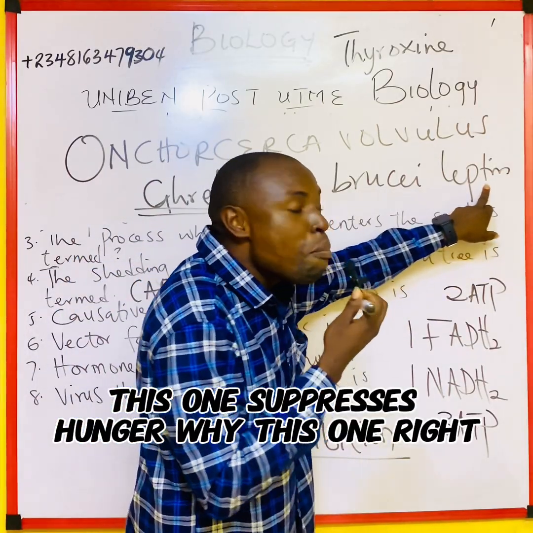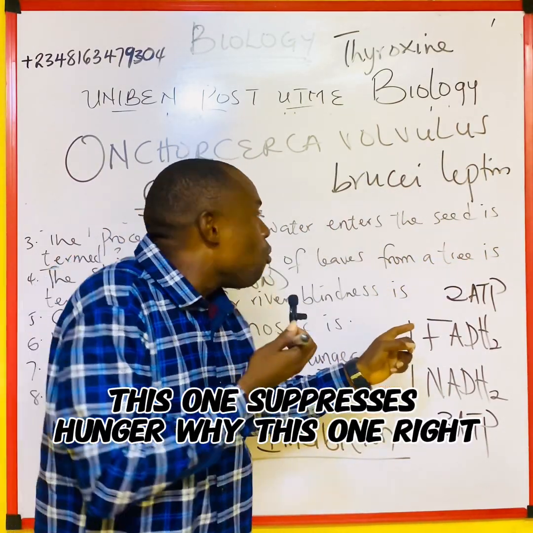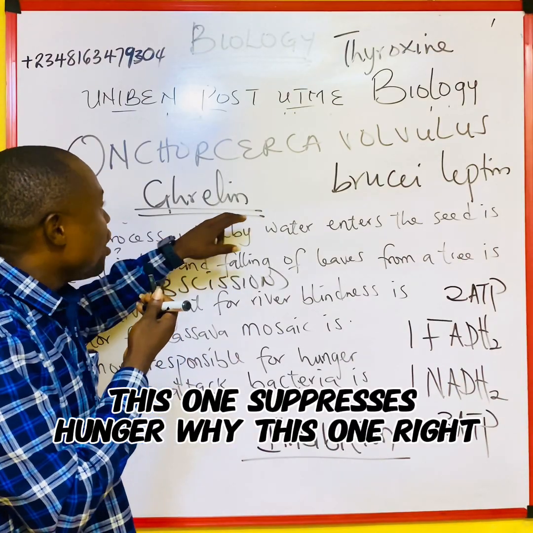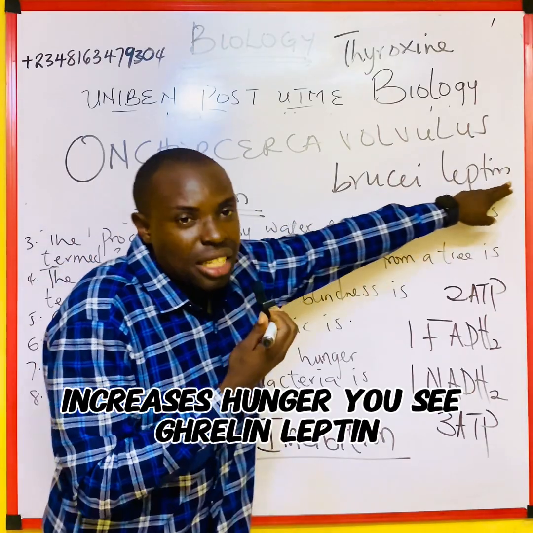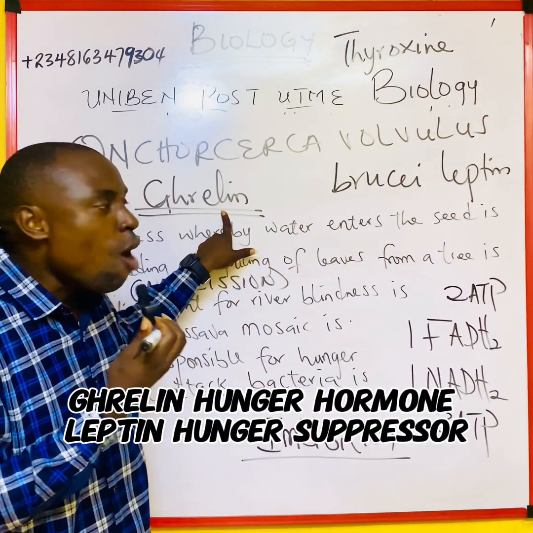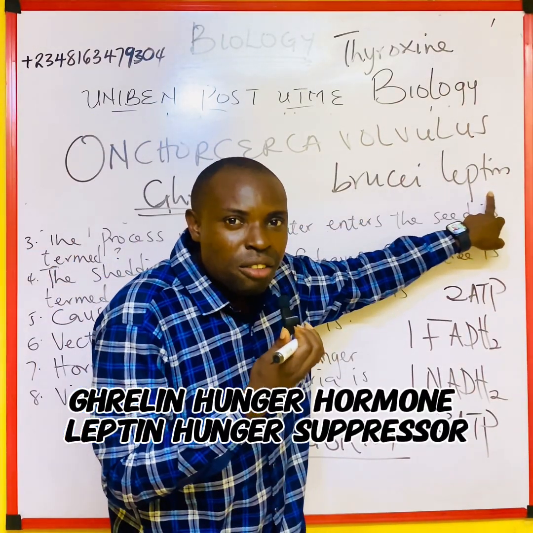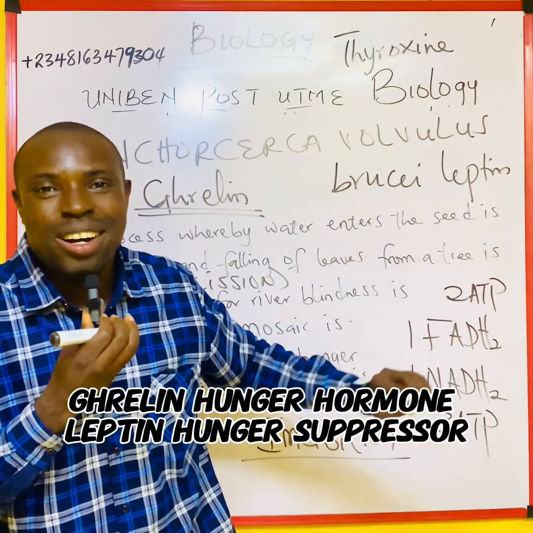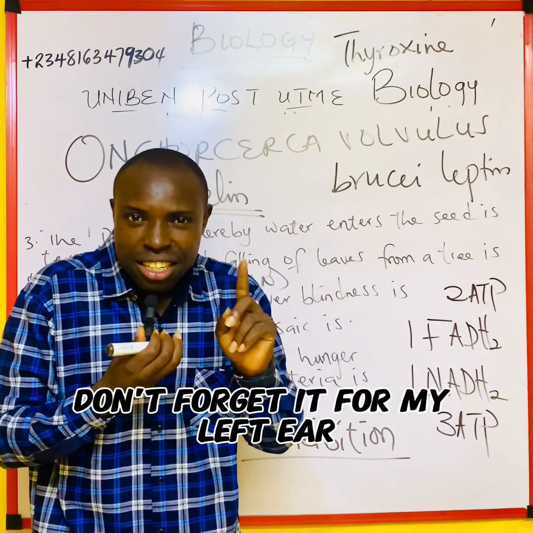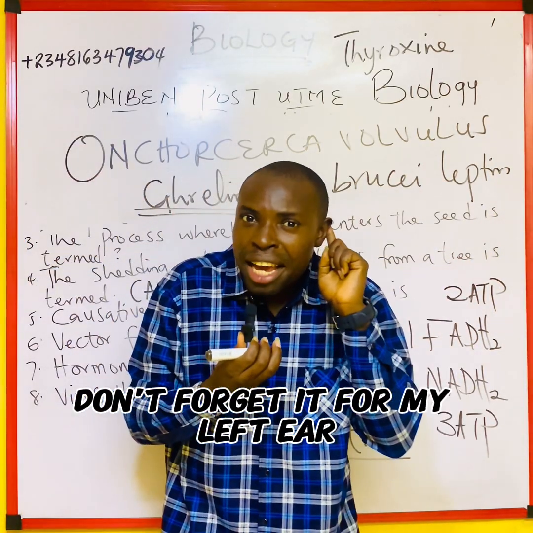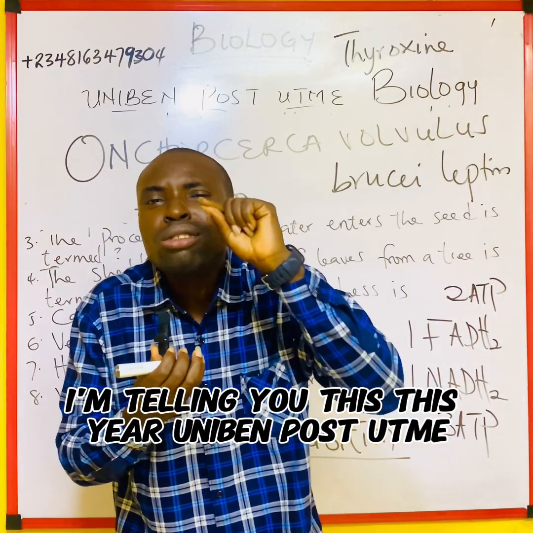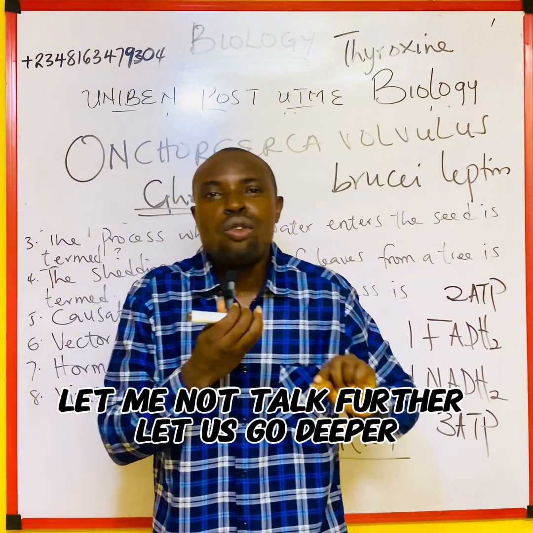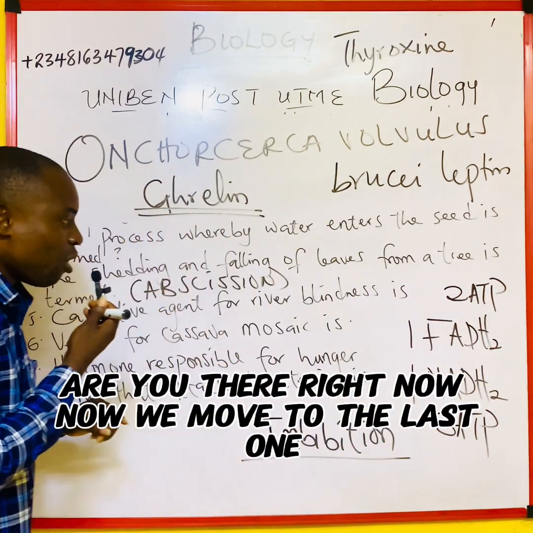Ghrelin increases hunger, while leptin suppresses it. Ghrelin, hunger hormone; leptin, hunger suppressor. Don't forget it. From my left ear, I'm telling you this. This year, UNIBEN Post-UTME. Let me not talk further. Let us go deeper.